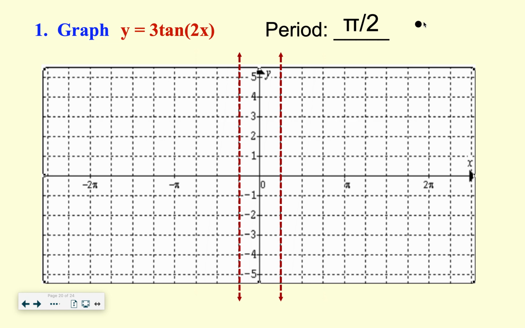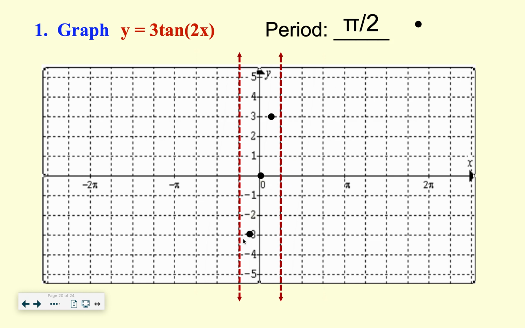Then a tangent graph without any shifts starts at 0, 0. Because the amplitude is 3, it's not really an amplitude, not like a max necessarily, but from my 0, 0 to either asymptote, halfway in between, I'm going to go up 3. And the same in the other direction, halfway in between, I'm going to go down 3.